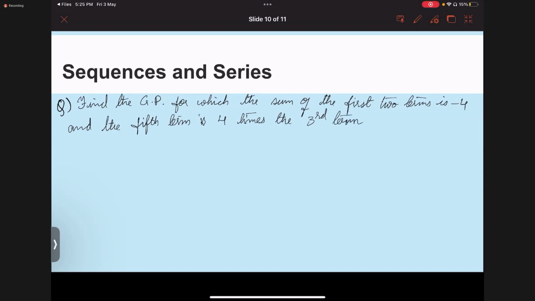Okay, so we have been given two conditions where the sum of the first two terms of the GP is minus 4 and the fifth term is 4 times the third term.